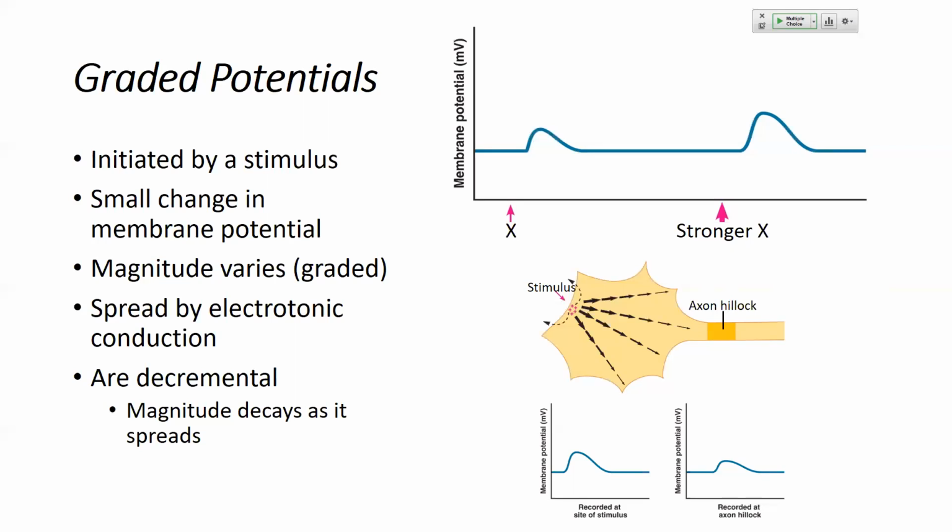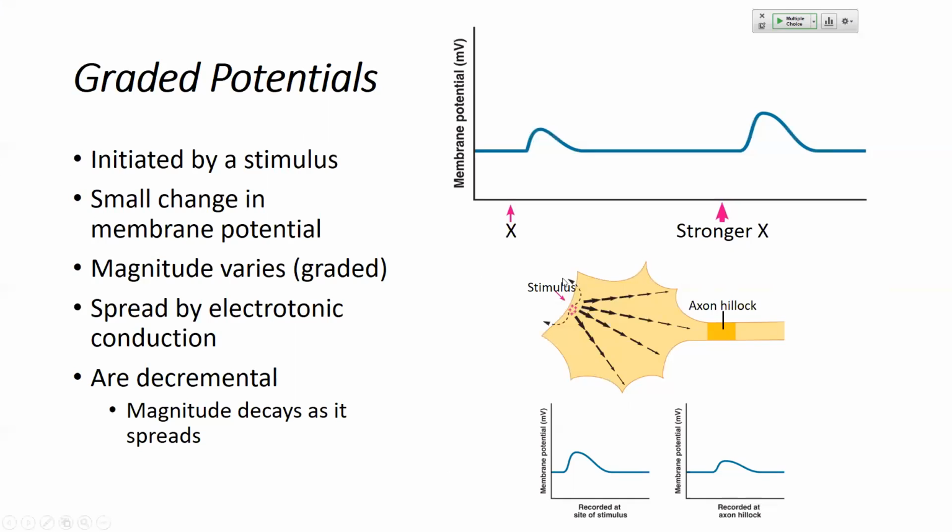Decremental means that it's going to diminish or decay over time. So if you stimulate a nerve and you have a small bump in the membrane potential, you have a graded potential, it's not going to get very far. It's going to get to about the axon hillock of that neuron. Right, so I'll point this out.